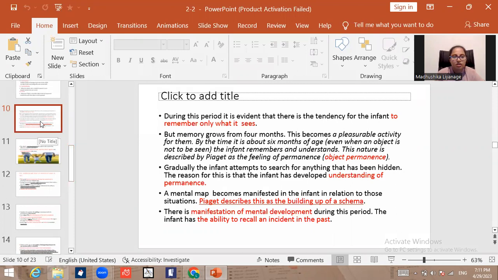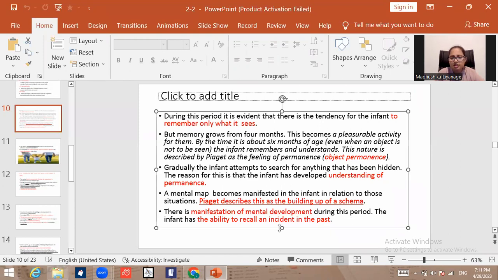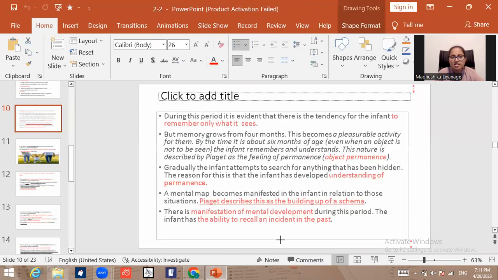Right. Okay. Now read this slide quickly. Quickly read first, so I can explain after that. You need to read this slide, right? I think you can see it. Is it clear?